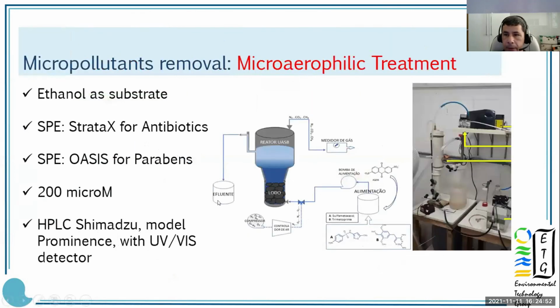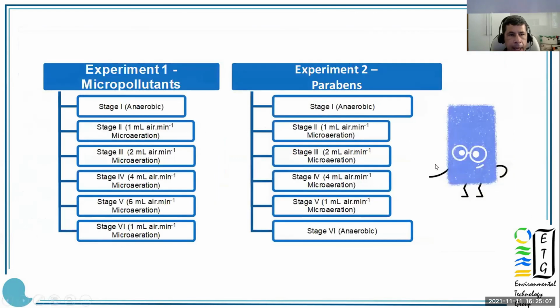So we ran some experiments on the use of microaerobic treatment for micropollutant removal. These are the conditions applied, and here we can see a picture of the reactor. We assessed different stages, increasing the oxygen dosage in terms of atmospheric air: 1 ml per minute, 2, 4, 6, and decreasing to 1 in stage 6.